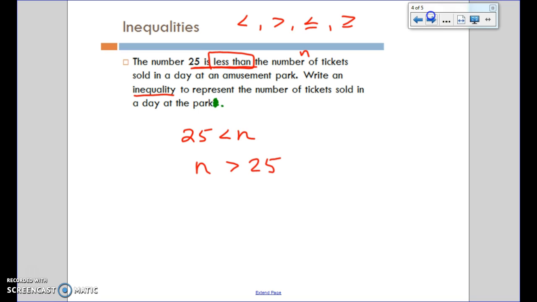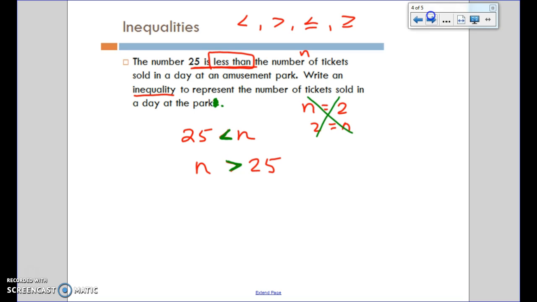We talked about this in another video. Unlike an equation like n equals 2 or 2 equals n, where you can just flip-flop them using the symmetric property, we can't do that with inequalities, because an inequality doesn't mean balanced. It means one side is more than the other. If we want the n to be more, when we trade places we need to make sure the n stays more.